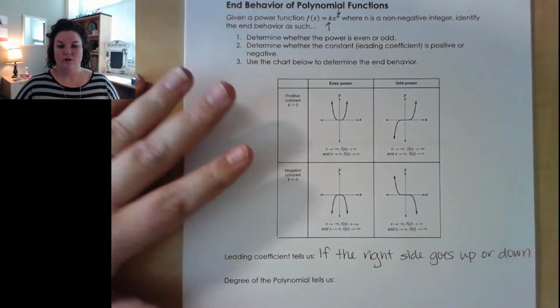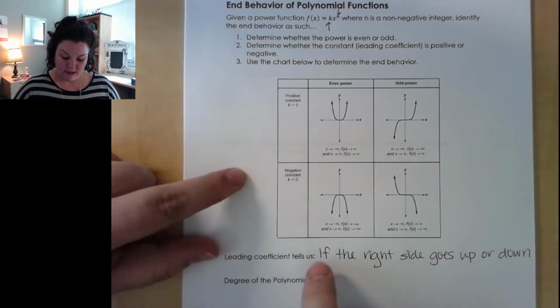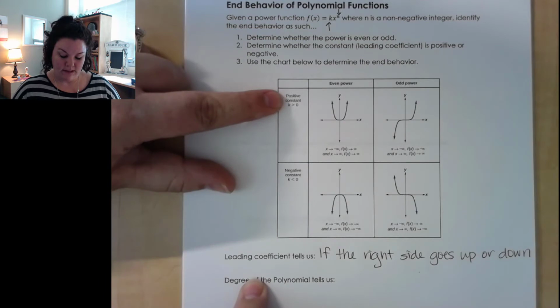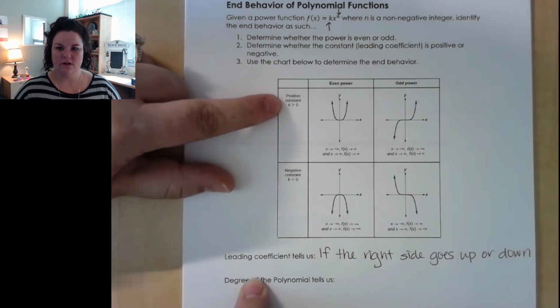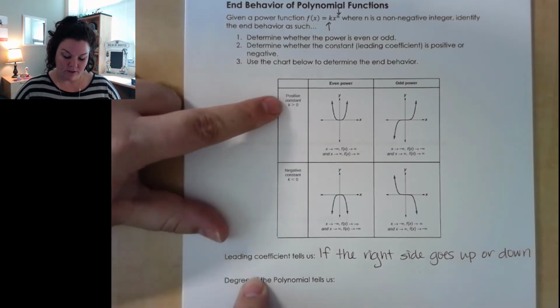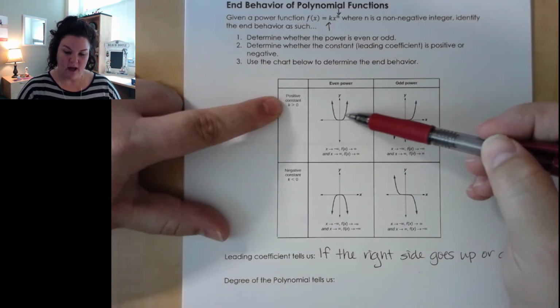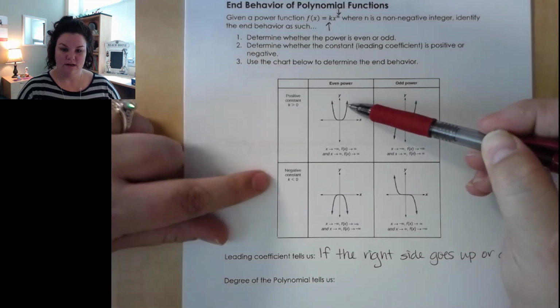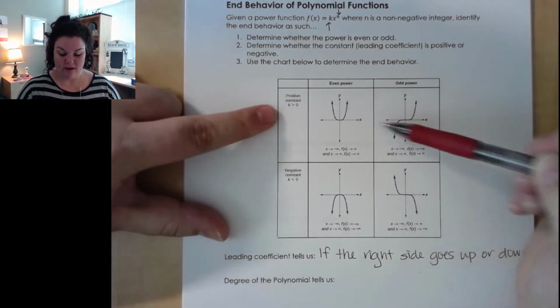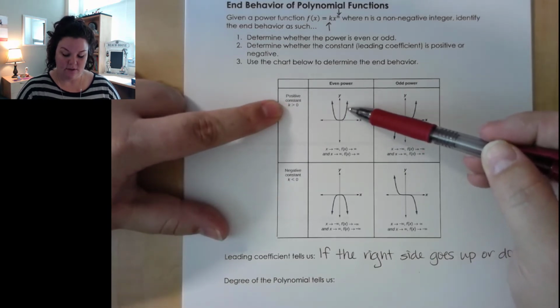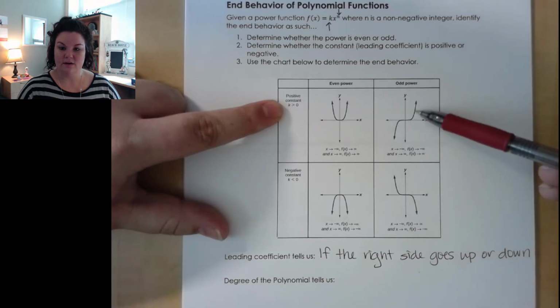Notice we have all these pictures here. Here it says if we have a positive coefficient, notice this right side is going up. It doesn't matter if it's an even or odd power: if our leading coefficient is positive, the right side goes up. Same thing over here, the right side goes up.